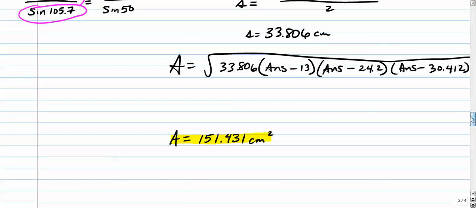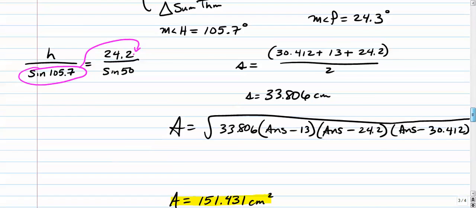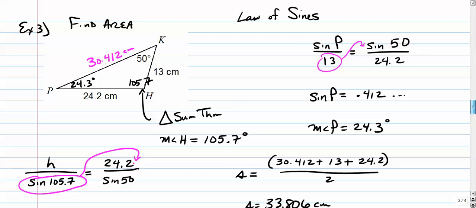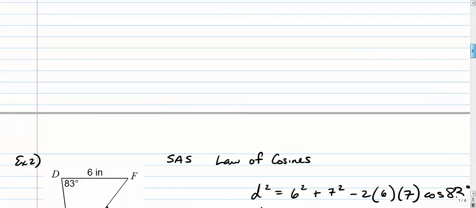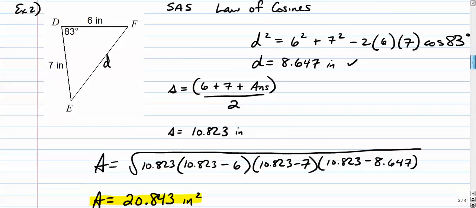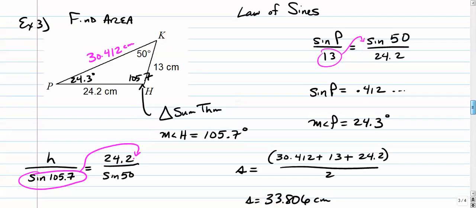So in any event, that's all I have for you. That's 3 examples on Heron's formula. One involved just the regular Heron's where we have all 3 sides given. This one we had to do some law of cosines. This one law of sines.